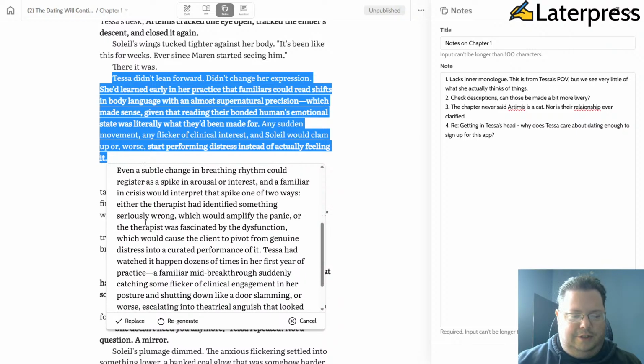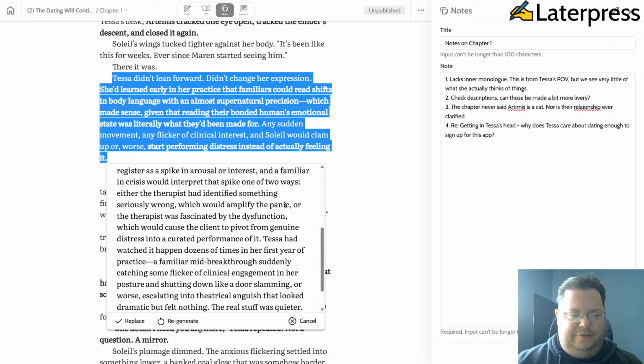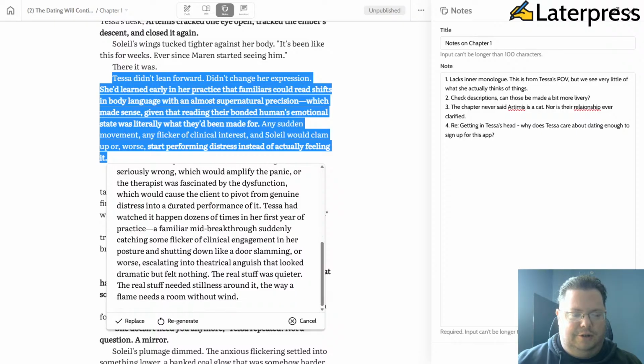Either the therapist had identified something seriously wrong, which would amplify the panic, or the therapist was fascinated by the dysfunction, which would cause the client to pivot from genuine distress into a curated performance of it. Tessa had watched it happen dozens of times in her first year of practice. A familiar mid-breakthrough suddenly catching some flicker of clinical engagement in her posture and shutting down like a door slamming, or worse, escalating into theatrical anguish that looked dramatic but felt nothing. The real stuff was quieter. The real stuff needed stillness around it, the way a flame needs a room without wind.